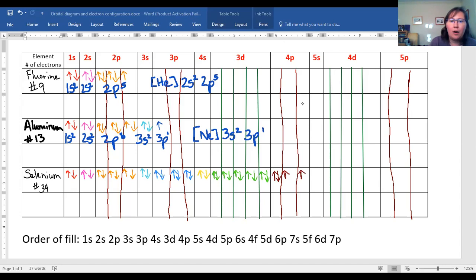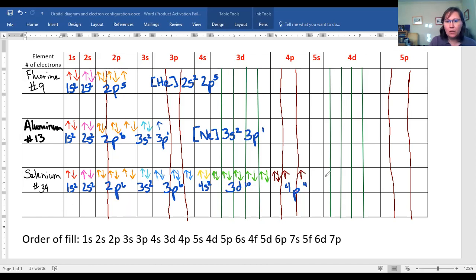And now for our electron configuration, we would have 1s2, 2s2, 2p6, 3s2, 3p6, 4s2, 3d10, and 4p4.